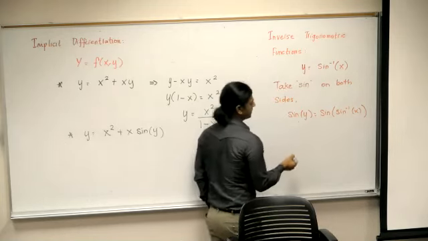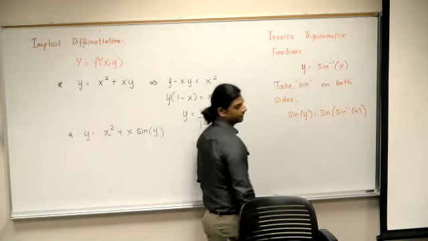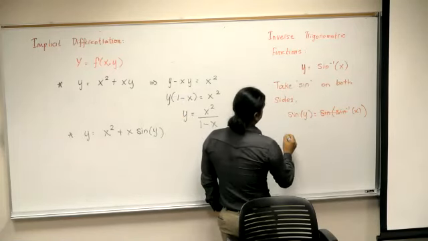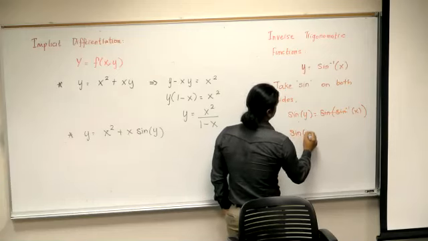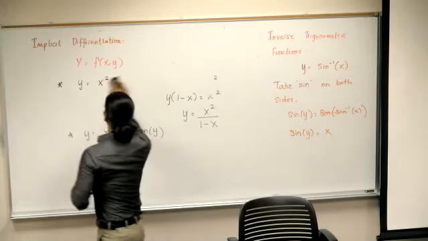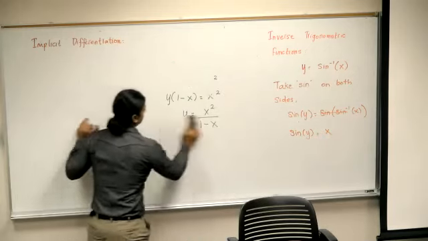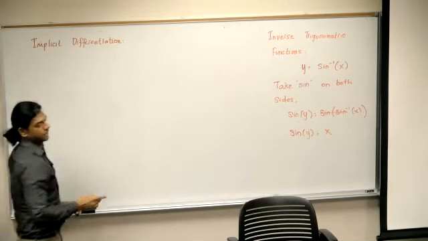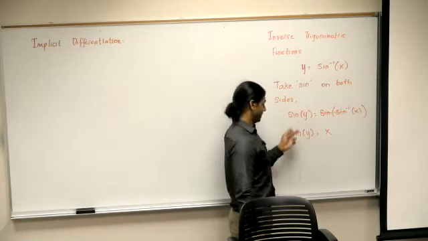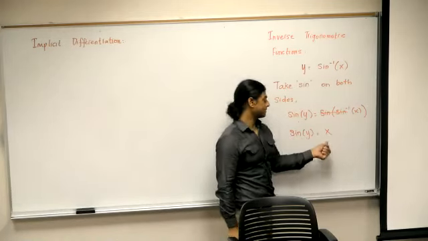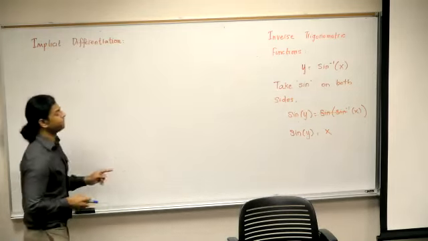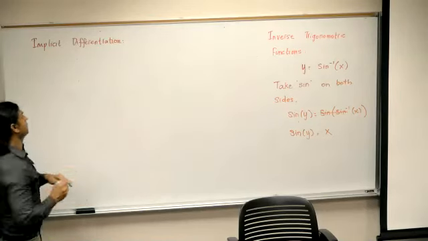And what would happen to the sine and sine inverse? It'll get cancelled. So I would end up having sine y equals x. Y is a function of x, and y sort of got trapped inside sine and it's getting related to x. So y is depending on itself in an implicit manner.